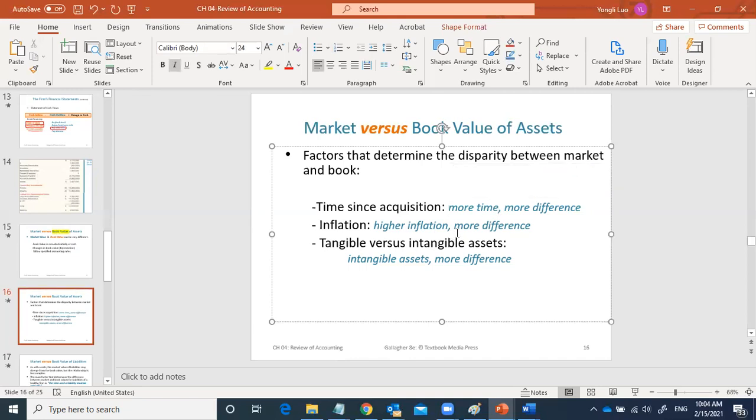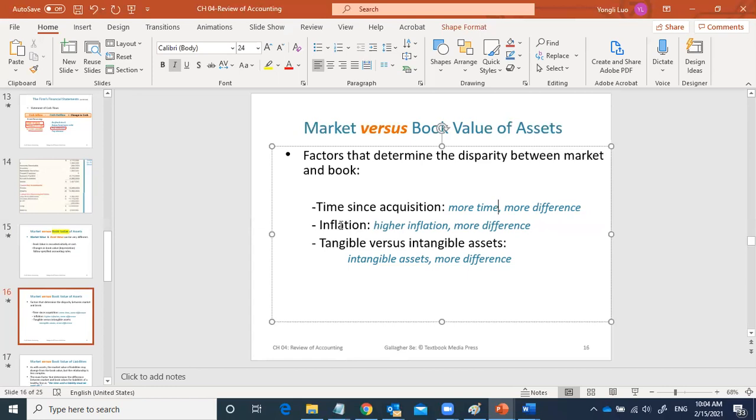Sometimes managers know a good time to sell stock, or they have more private information, so they know how to find a perfect time to do the acquisition, repurchase, or sell stock, right? That is the time since acquisition. And also you have inflation. Higher inflation is going to cause more difference.